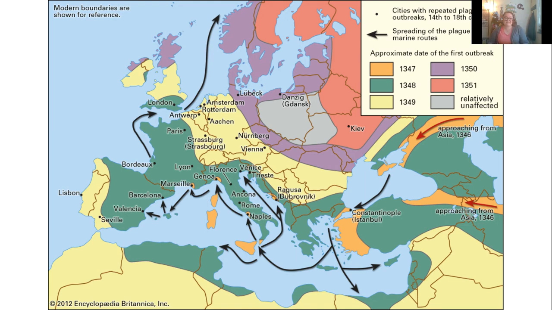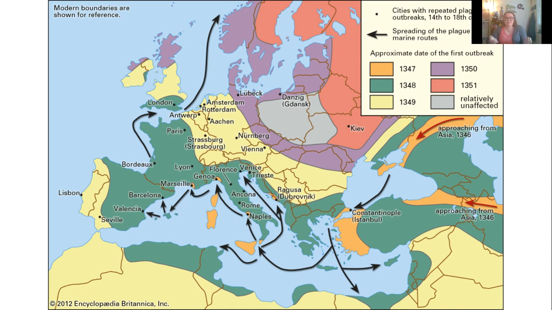Now, I am going to reiterate where it says relatively unaffected. That doesn't mean they weren't affected by the bubonic plague. It's just they weren't as affected by it. Historians have researched this and believe that the reason why it hit so hard in the rest of Europe but left smaller little pockets relatively unaffected is because of the density of population.